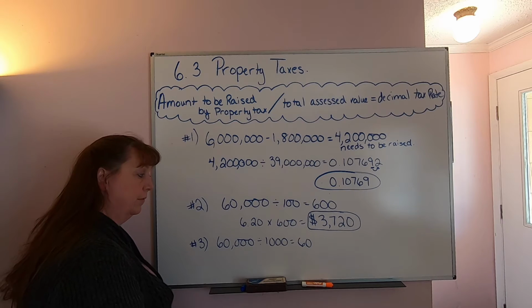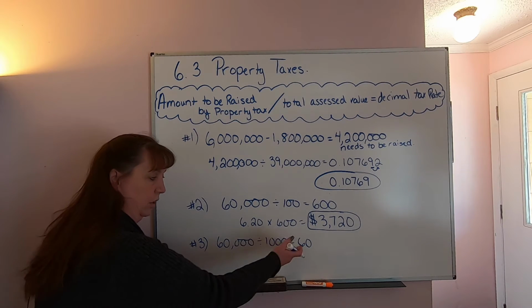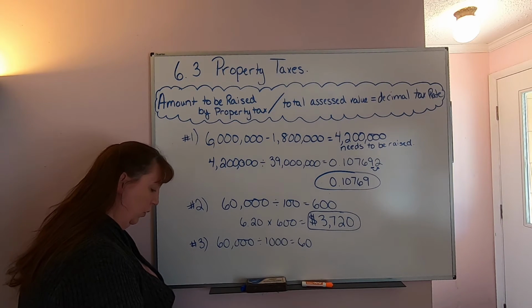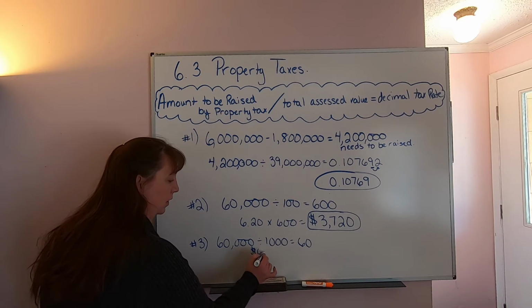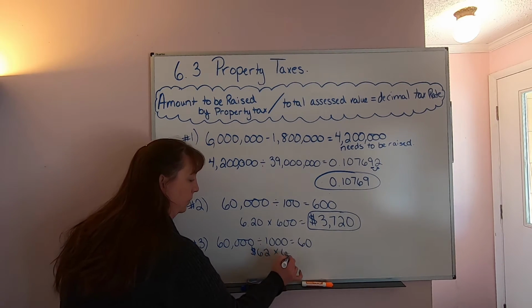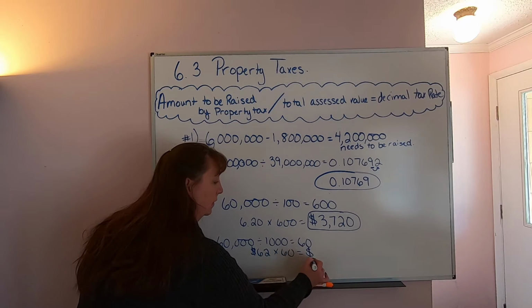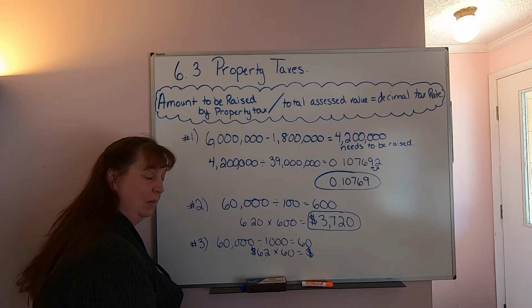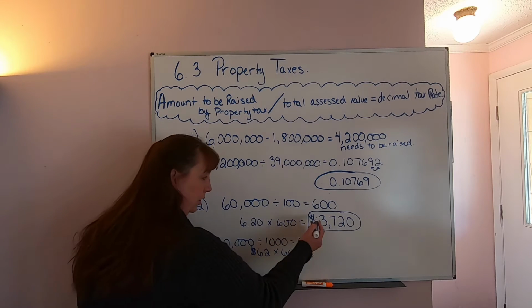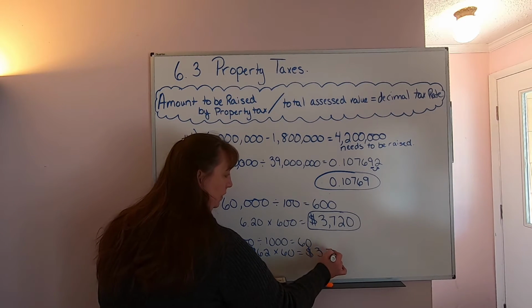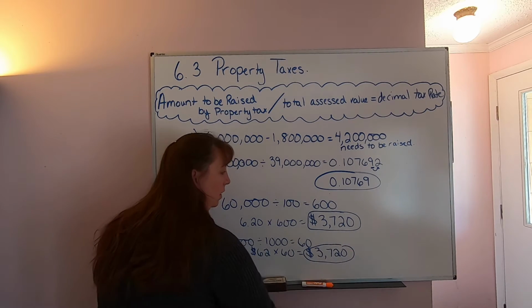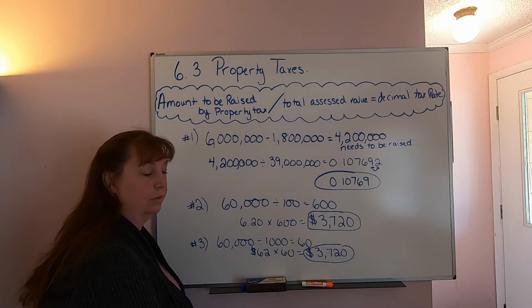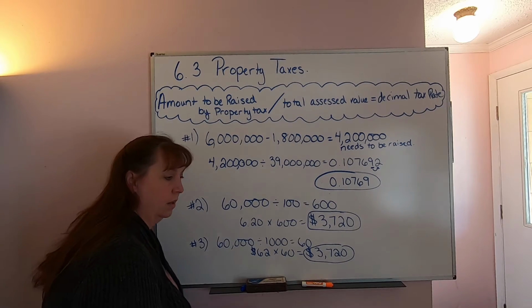And it says for every 1,000, which there are 60 of them, you're going to pay $62. So you take the $62 times 60, and because it's the same property and the same rate, you're still going to get $3,720 as the cost of your property taxes in this case.